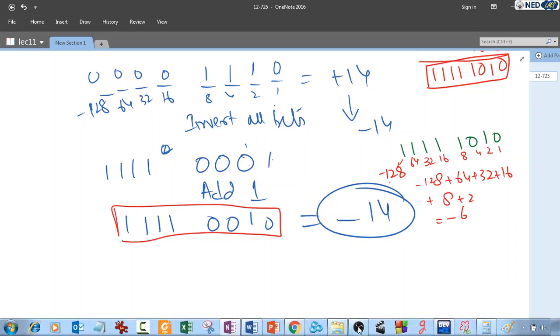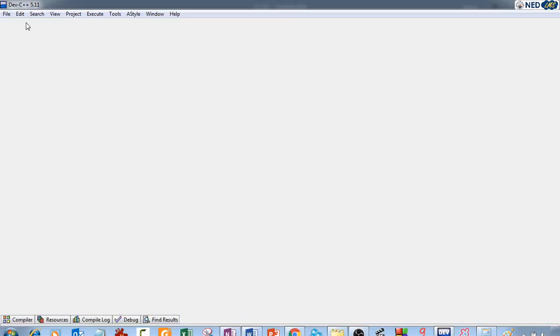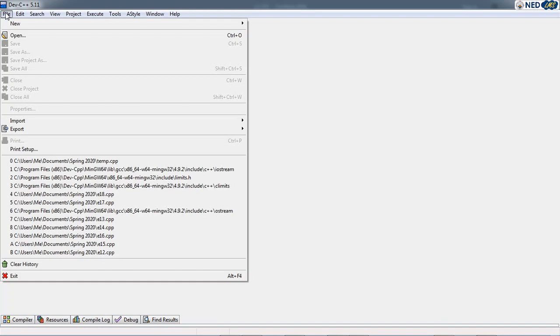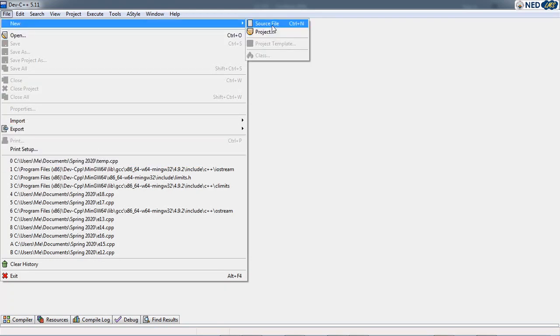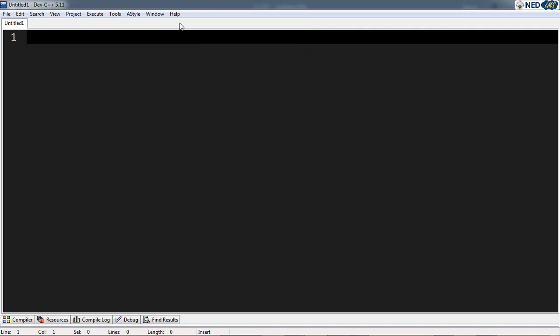Coming to our program, let's see how it works. Let's write a new example. In this example, I'm just going to output some signed numbers and see what they look like in hexadecimal format or in binary form.